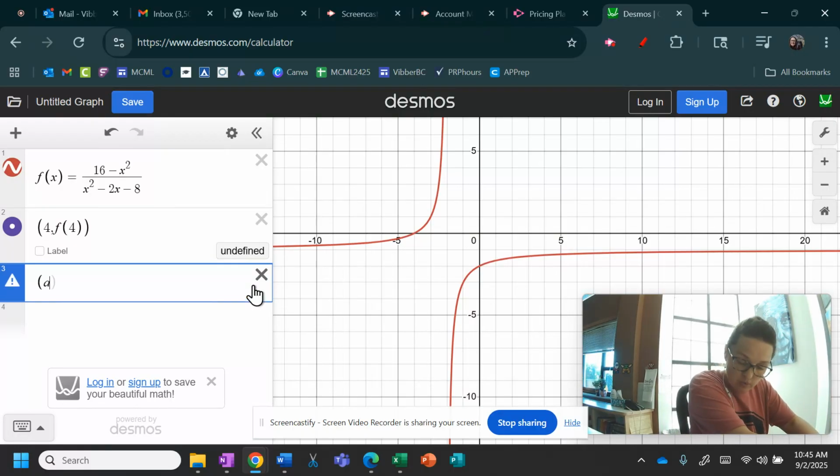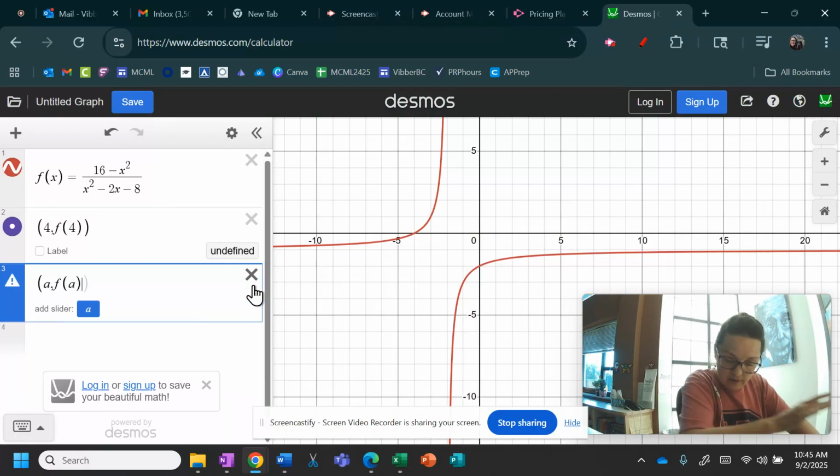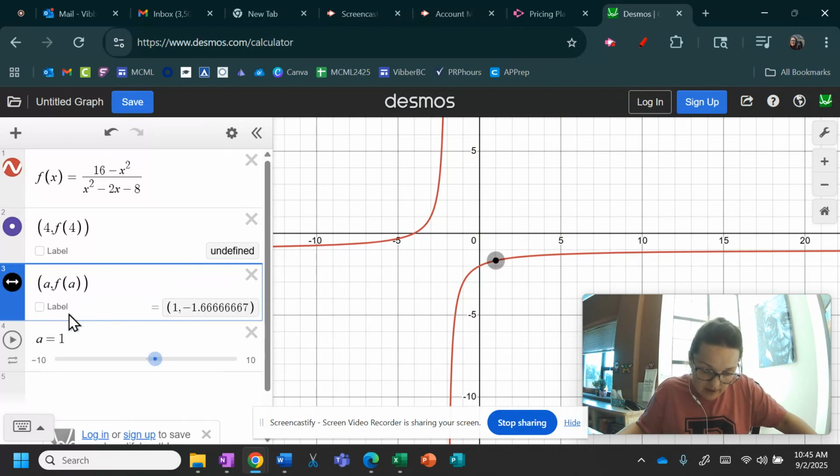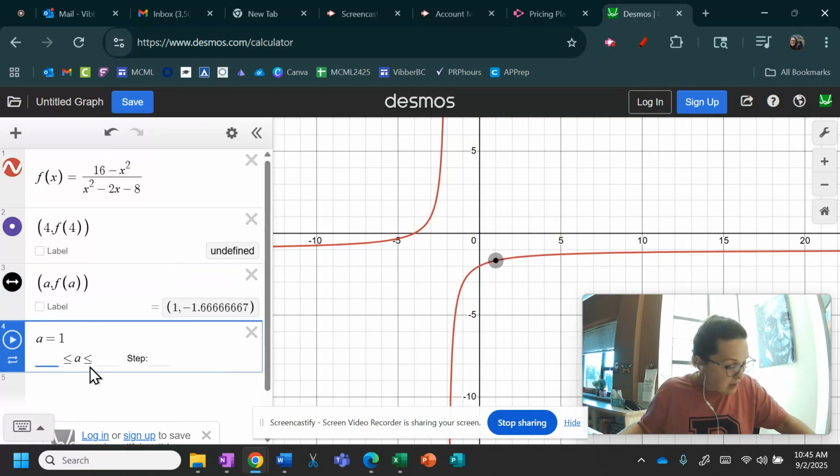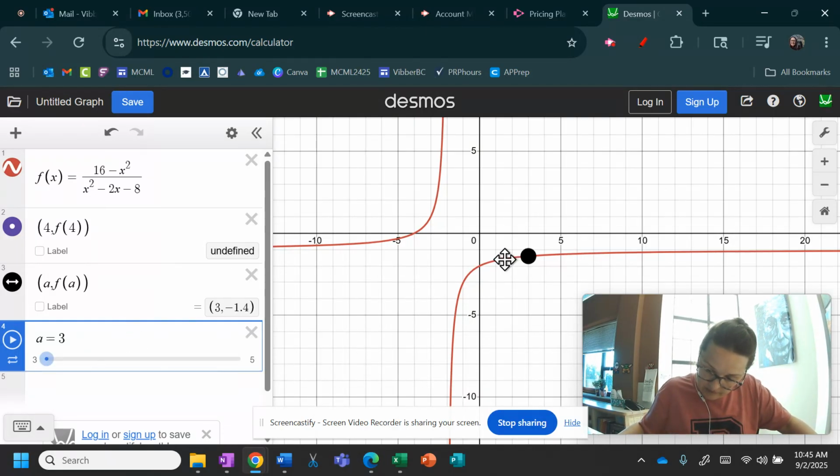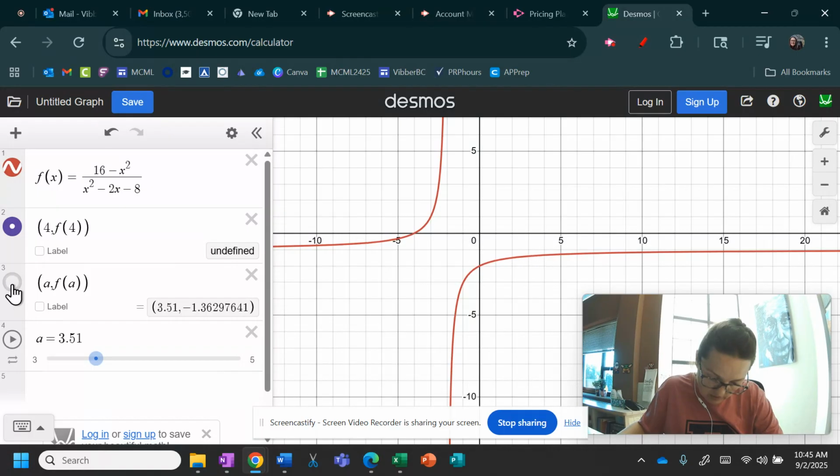And it says, wait a minute, f of 4 is undefined, but we got a limit that equals -4/3. So let me show you what that looks like. I'm going to do a comma f of a and make a slider, and I'm going to start at 3 and go towards 5 and make my slider here.